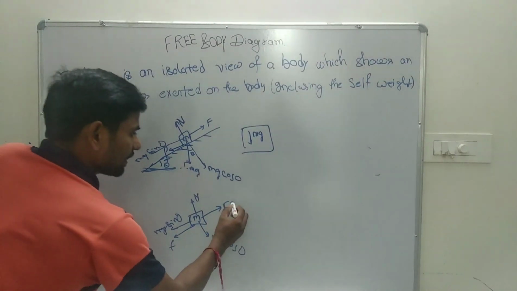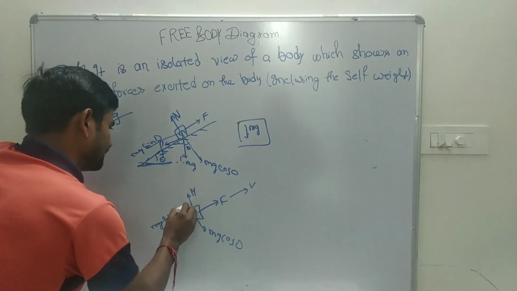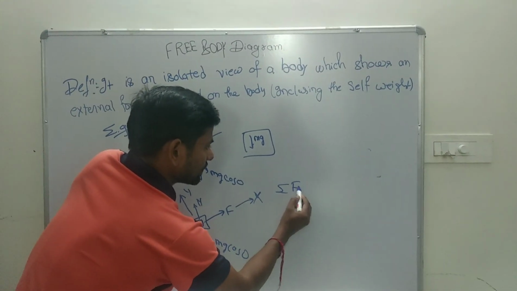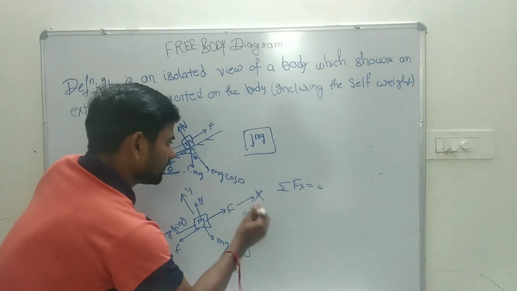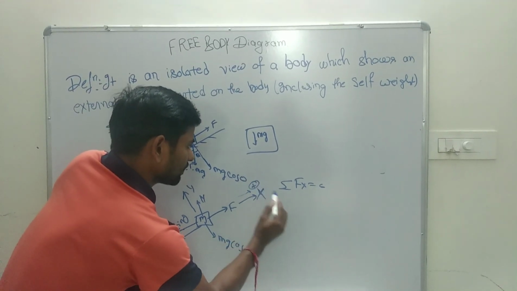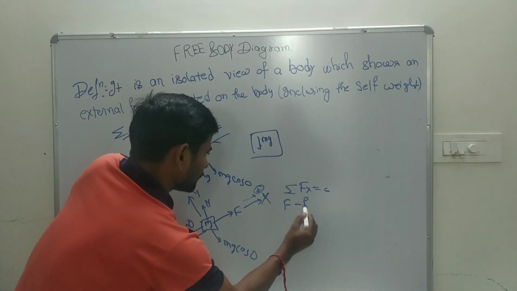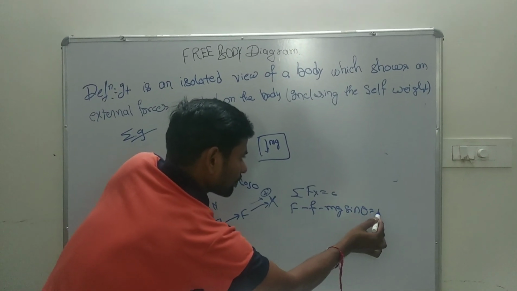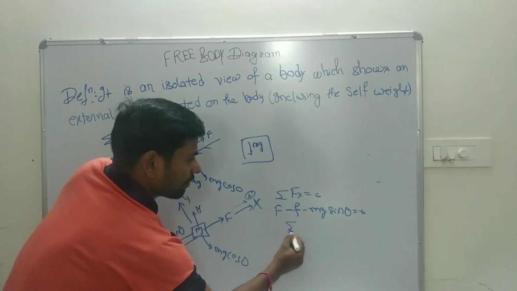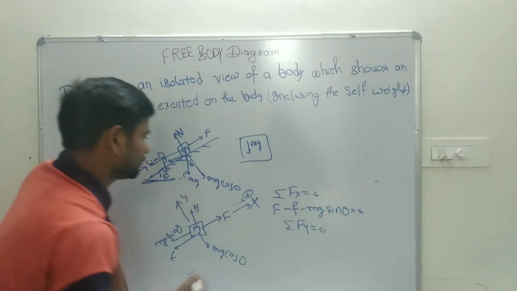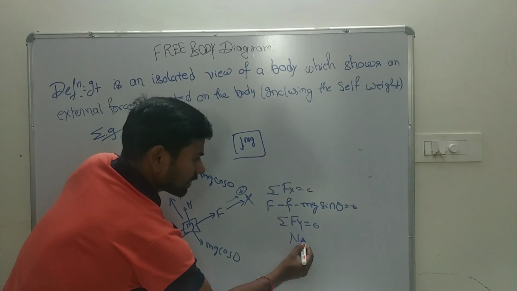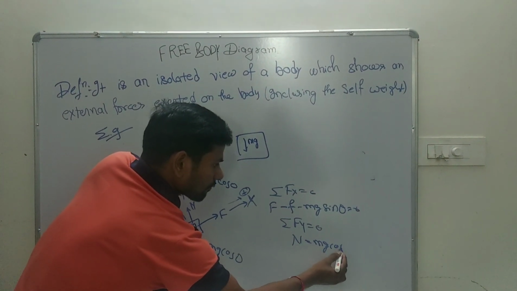Then we can balance by taking this as our x-axis and this as our y-axis. Sum of Fx is equal to 0. I have considered x positive in this direction, so F minus frictional force minus mg sin theta is equal to 0. Then the sum of forces in the y direction is 0, so normal N is equal to mg cos theta.